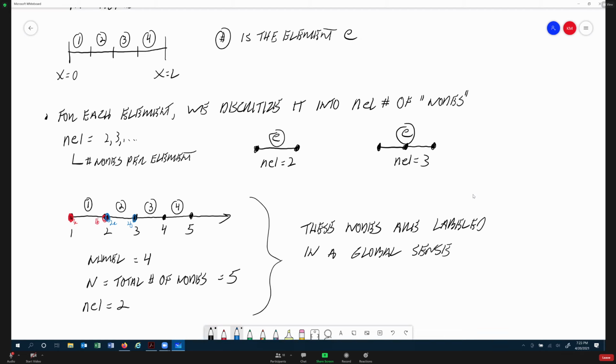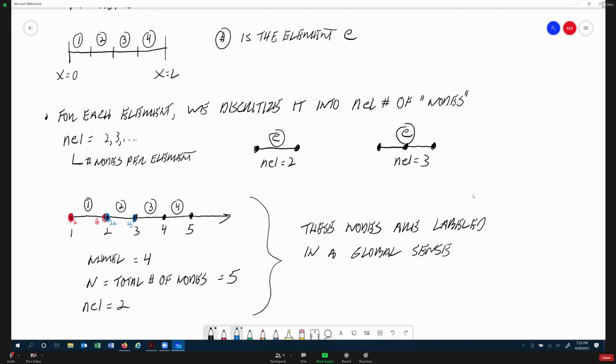Remember, we started off the semester talking about coordinate transformation, and we were going from a local coordinate system to a global coordinate system. That's exactly what we're going to be doing here, where we have to take the things going on at the nodal level and relate it to the element.